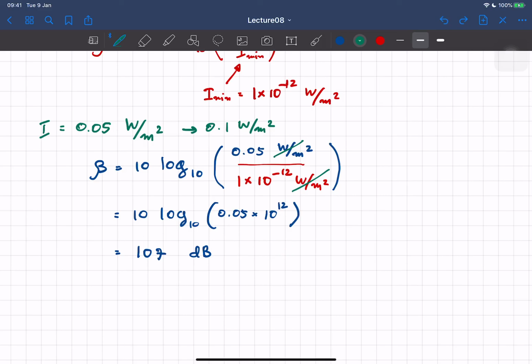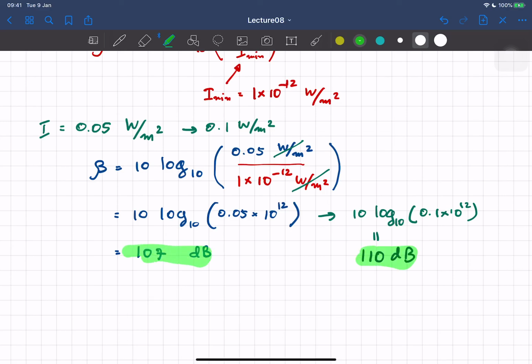That's not true. And you're going to see why, because this line will become 10 log base 10 of twice, right? So it's 0.1 times 10 to the 12. And this is going to give you 110 dB. So you can see that by doubling the intensity, the dB level actually increased by 3.